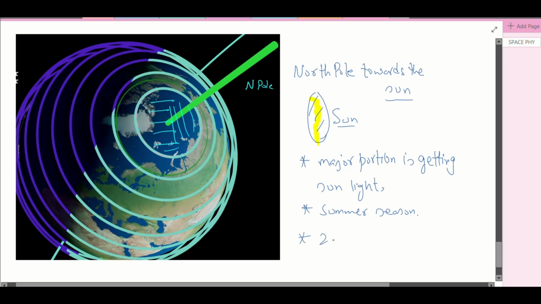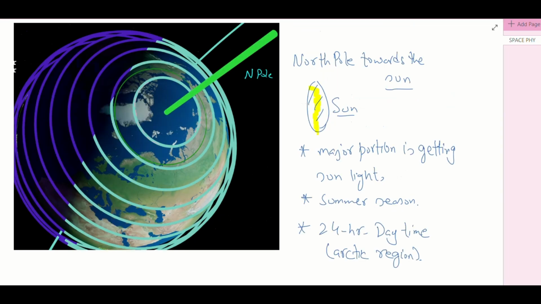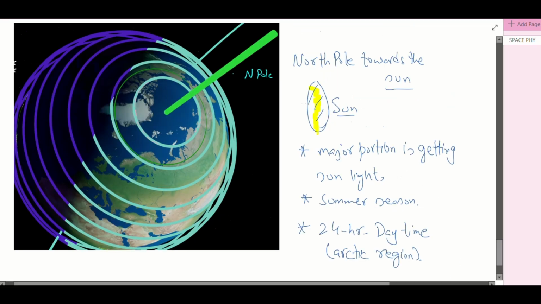That region is referred to as the Arctic region. You can see this region.